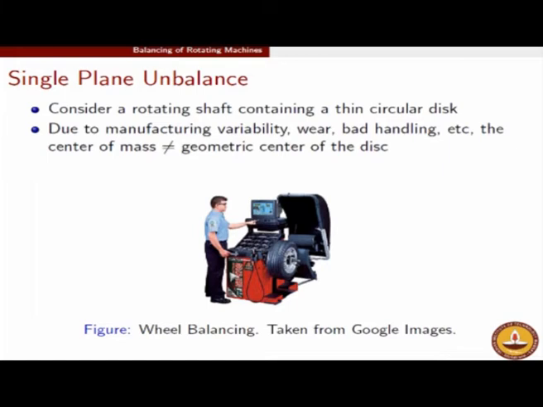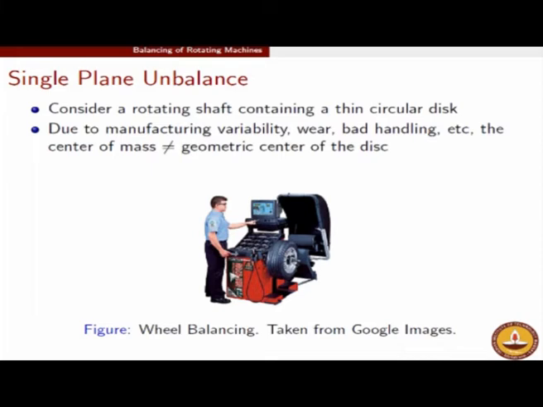Maybe in the case of wheels the manufacturing does take care. In case of other rotating objects like your machine parts in a lathe or other manufacturing tools, there will be some manufacturing variability which will result in an eccentricity. What we mean by eccentricity is that the geometric center about which the wheel or disc is supposed to rotate, even if it is circular, is not matching with the center of mass. There could be a micron level difference, as, let us say, in the case of a grinding wheel.